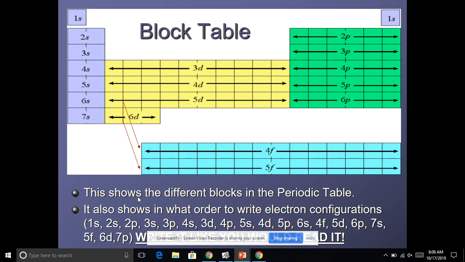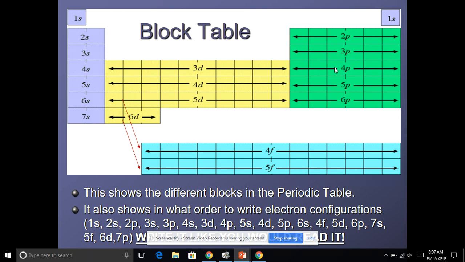We write it as we read it. So I'm going to start in the top left, and if I'm trying to write the electron configuration for whatever element this is right here, this is where I'm going to end. I'm always going to start in the top left and read across, and then come down and read across just like you would a book, left to right, top to bottom, until eventually I get to whatever element I was originally trying to get to.